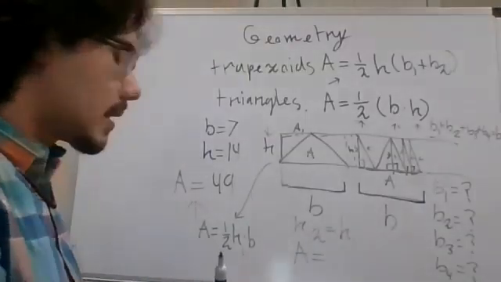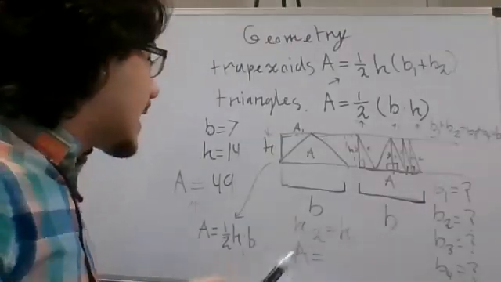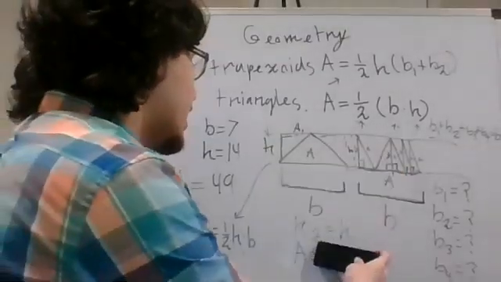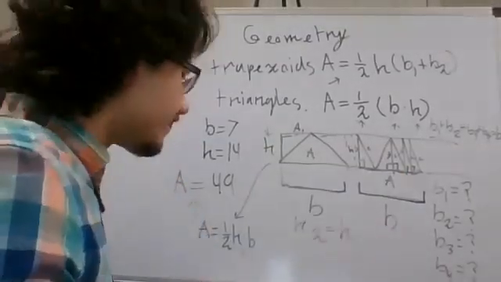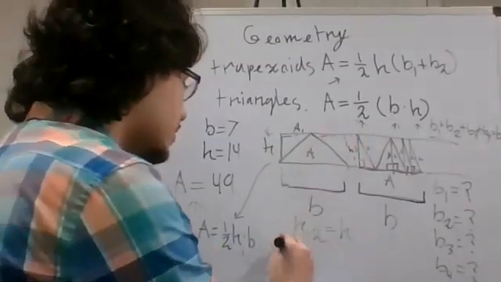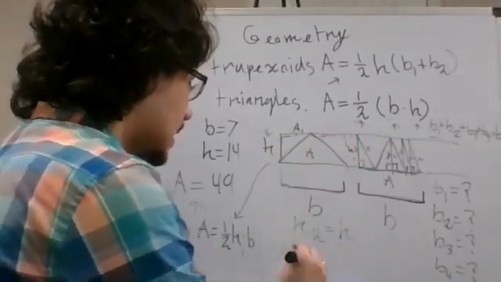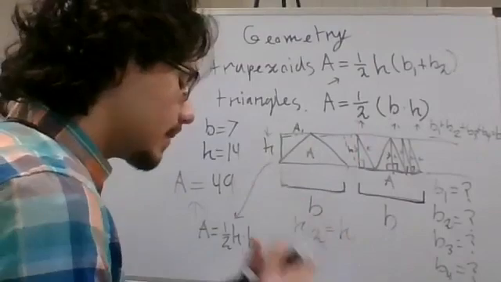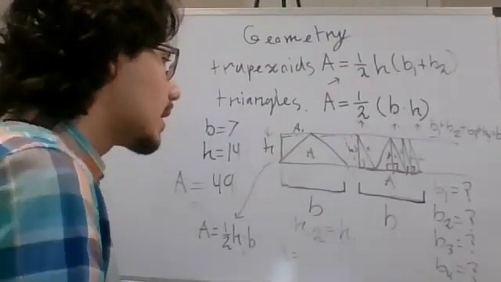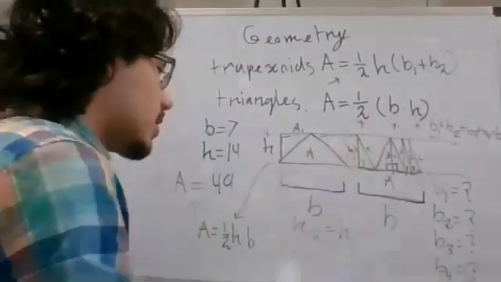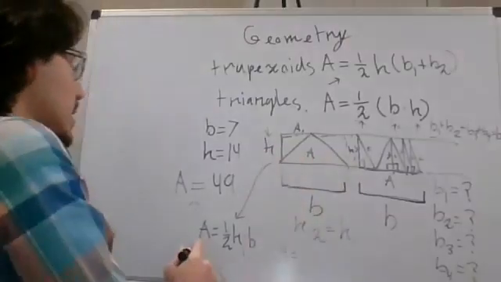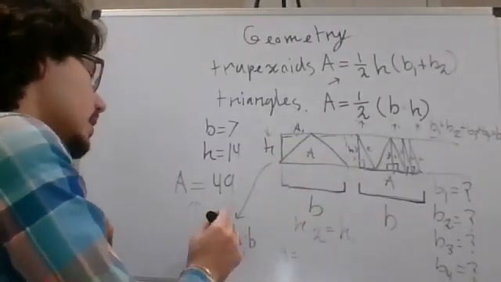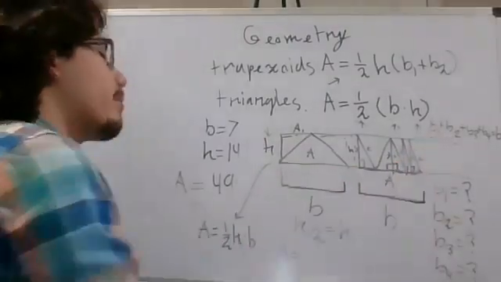So let's try and find our area equation of the 4 triangles. Because there are 4 triangles, we will be using 4 equations at the same time. But since they're all triangles, we know that they all have the area of 1/2 height times whichever base they have.